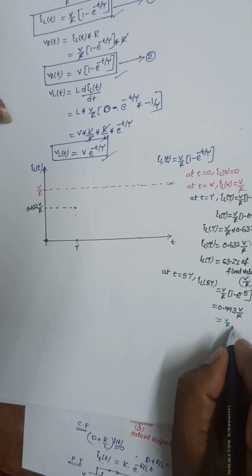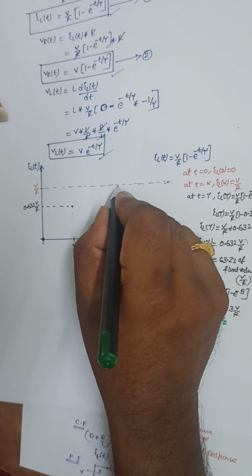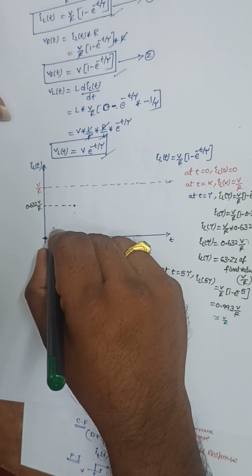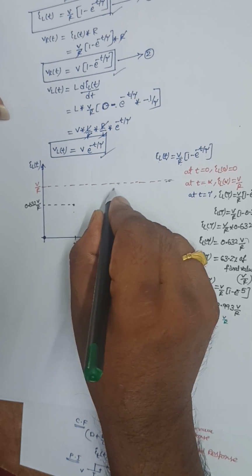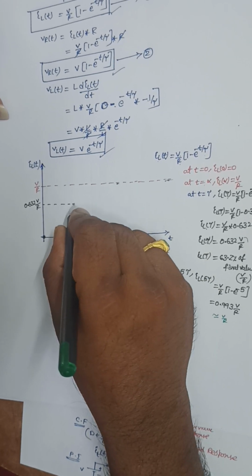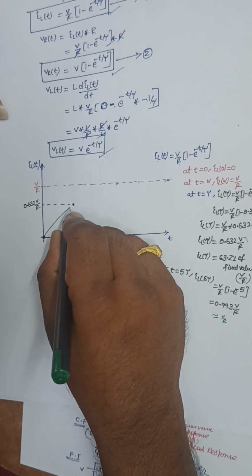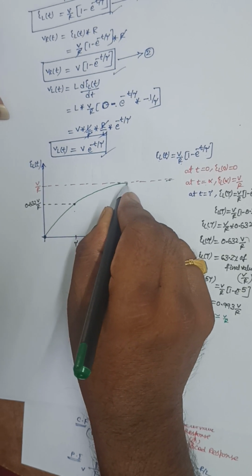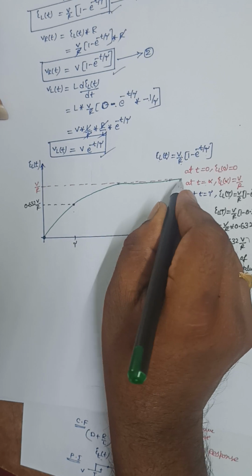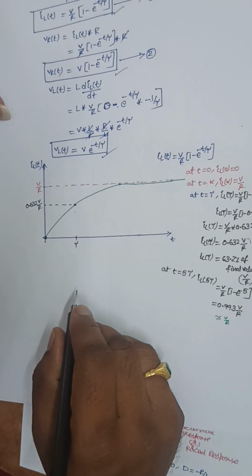So V by R, that means it reaches its final value. If I draw these graphs through this point and this point, then the graph will be like this. It touches this V by R line at t is equal to infinity.